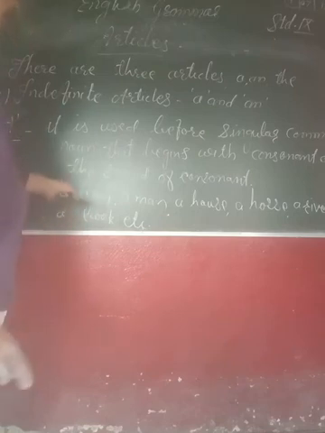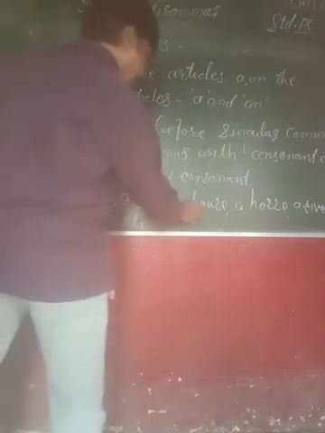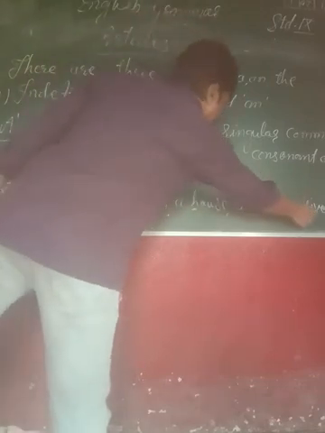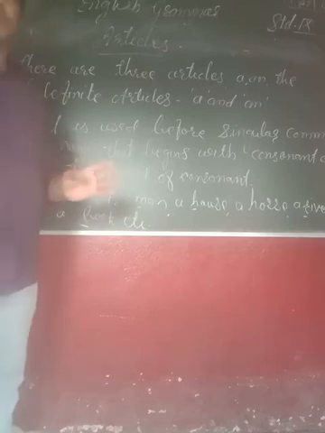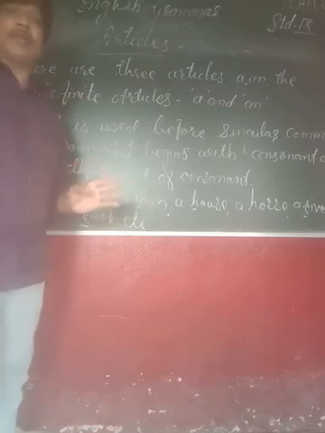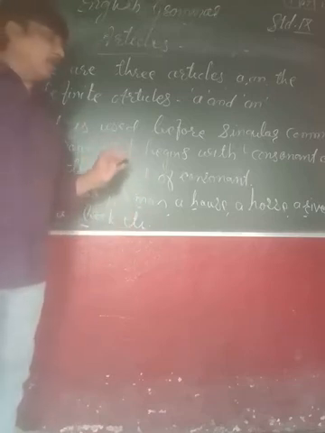And they all begin with a consonant. Look here: B, M, H, R, B. These are all consonants and they are singular in form. So a is used before them, because a singular common noun cannot be used without an article.